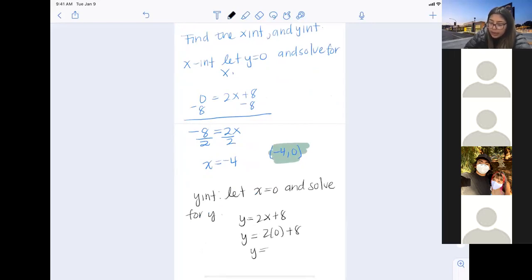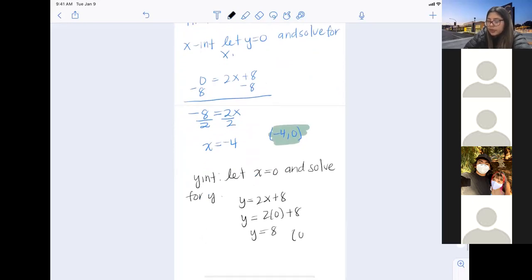You get y equals 8. So your y-intercept is (0, 8). So you have two intercepts. You have the x-intercept and you have the y-intercept. And they're both points. So you're going to have (-4, 0) and (0, 8). This is the solution. Now you have to graph.